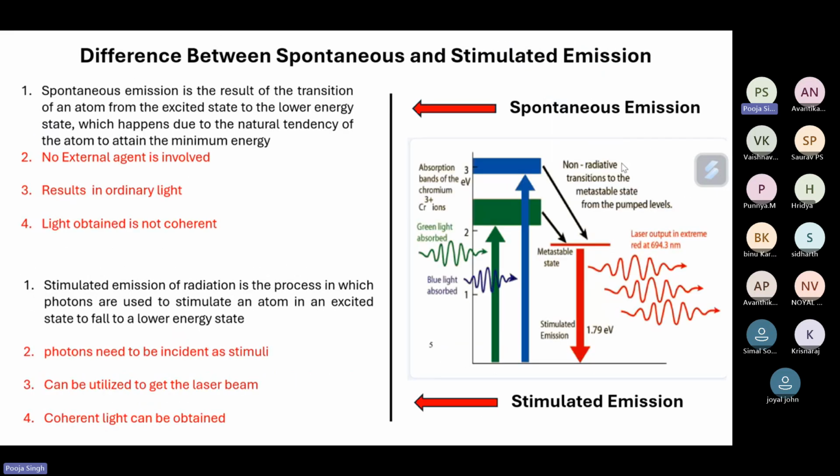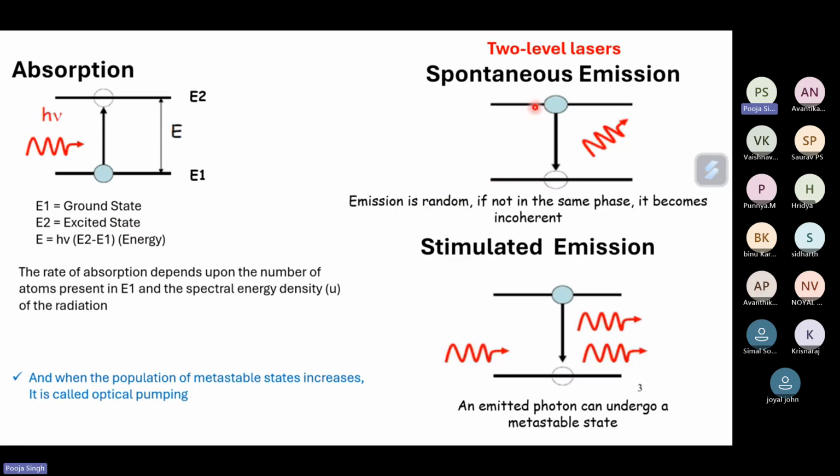So I will ask you the question: what's the difference between spontaneous and stimulated emission? Whatever I explained is basically that spontaneous emission is the result of the transition of an atom from the excited state to the lower energy state.